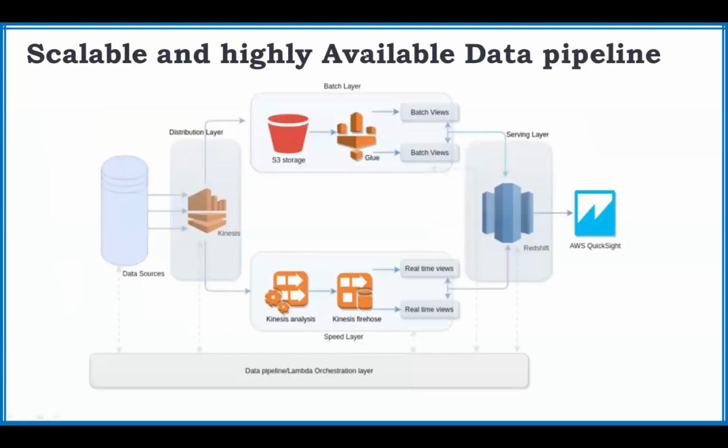The one service that I'm going to discuss a little in detail is the AWS data pipeline, right? So here in the AWS data pipeline, first you could have different data sources.